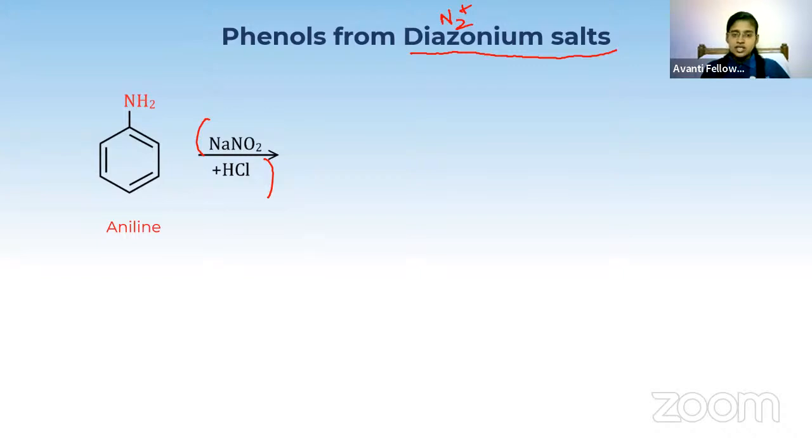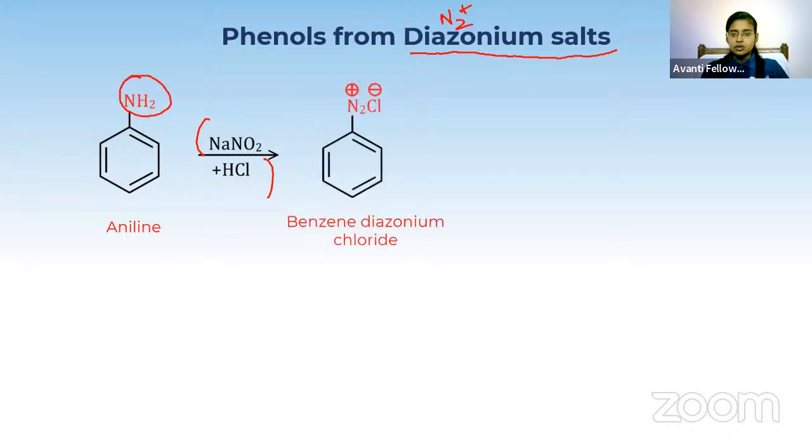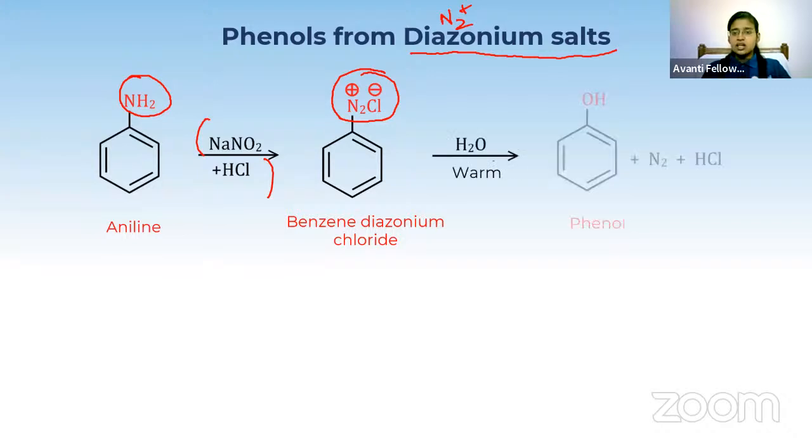This nitrous acid mixture will convert the NH2 group into the N2Cl group. And this is called benzene diazonium chloride. Now in the next step, it has to be treated with warm water so that the N2Cl group will be converted to OH.